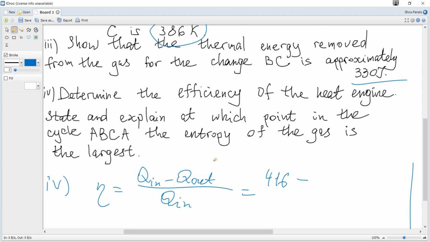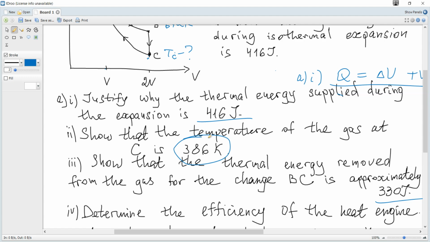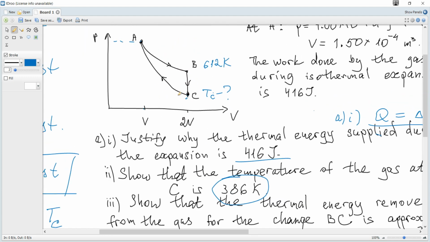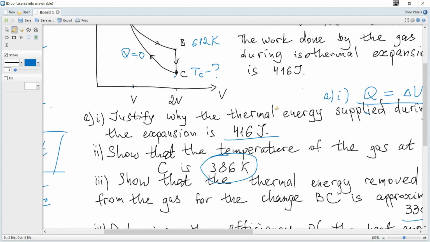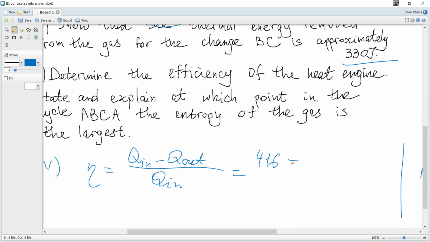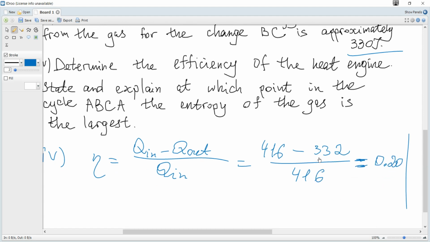Energy out is only process BC, because CA is adiabatic, Q is 0, no heat exchange with surroundings. So 416 minus 332, divided by 416, becomes 0.20 or 20%.